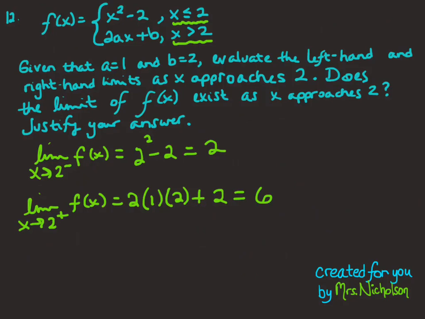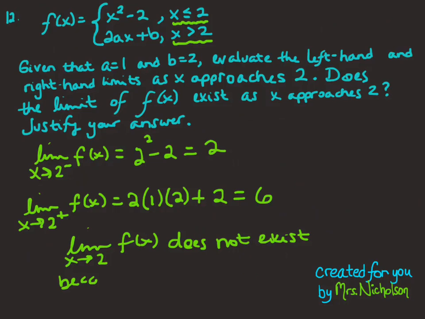So my limit from the left is 2, the limit from the right is 6, and so therefore the limit as x approaches 2 of f of x does not exist. And it says we need to justify our answer, so I'm going to write because, and the reason that we know that it does not exist is because the limit from the left does not equal the limit from the right.